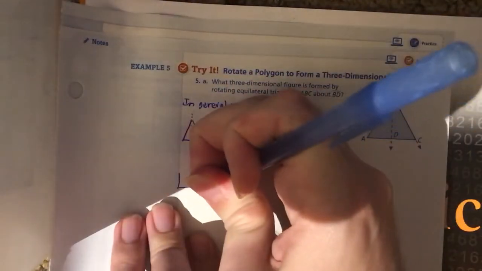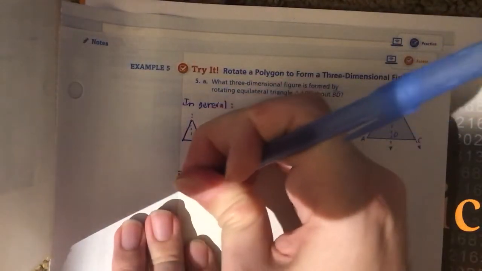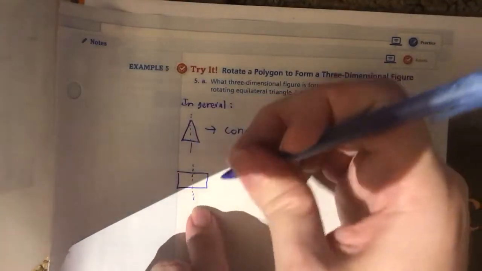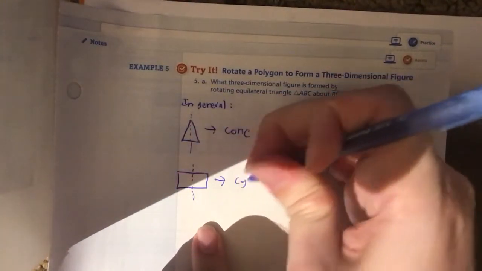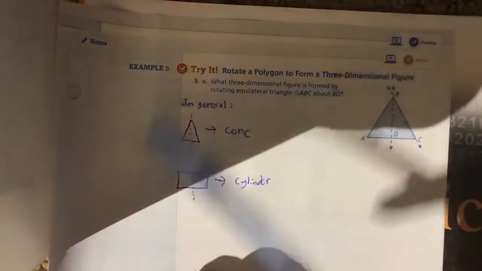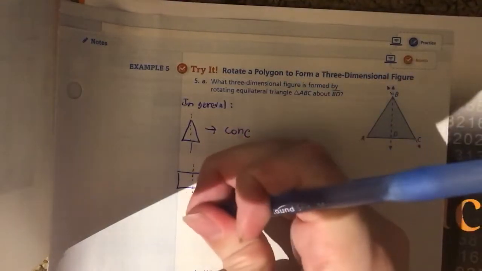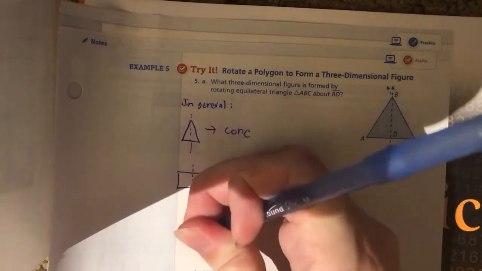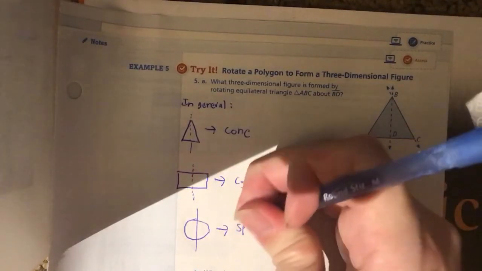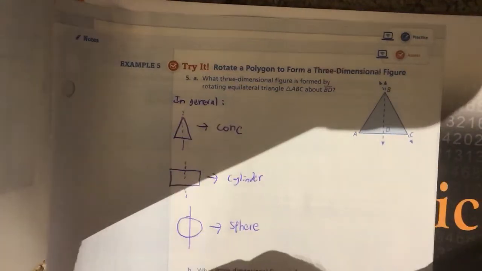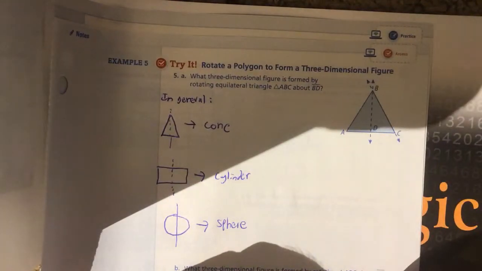If I have a rectangle and I rotate it through the middle, this is going to form a cylinder. Because I'm spinning it around really fast, it's going to be a cylinder. And the other one is if I have a circle and I rotate it around really fast, it's going to be a sphere. So those are the general ones.